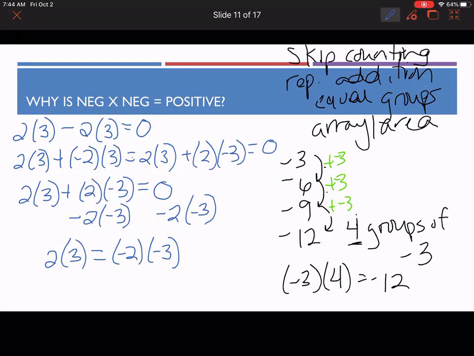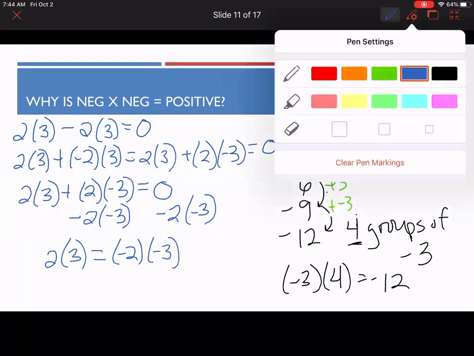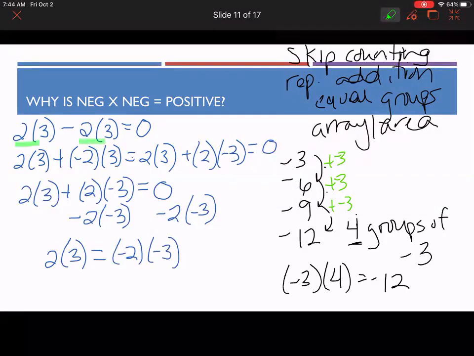We know that, right, our first statement, 2 times 3 minus, take away, 2 times 3, right here, right? If you have a positive and you then subtract the same thing, right? That's 0. Well, then we know that subtracting 2 times 3 is the same as, right, adding 2 times a negative 3.